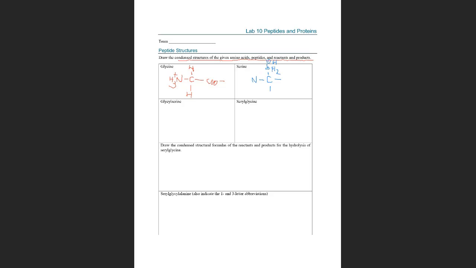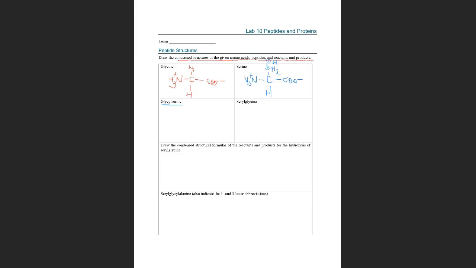And here is always the same: the alpha carbon bond to the ammonium group, bond to the carboxylate. Very good. Now you have to draw glycylserine. We start from the left.